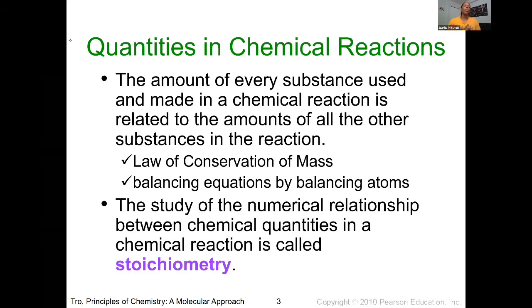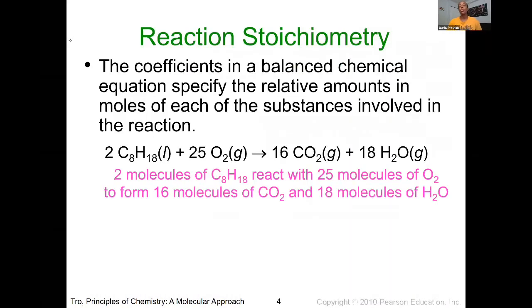What we're going to study in this chapter is the numerical relationship that exists between each of these quantities found in a chemical equation, and this process is known as stoichiometry. Reaction stoichiometry is essential because it helps us understand a new relationship that we can rely on to predict the relative amounts of substance required for this reaction to go, and how much of a product could be produced.